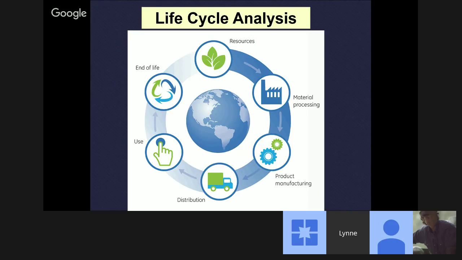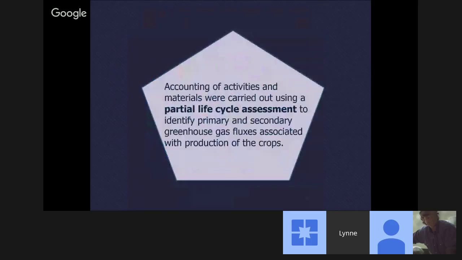So not actually to the grave, because for a farm there isn't necessarily a grave. It's more about what are you selling off of the farm. That would be the end point of the products we're looking for. So accounting for the activities and materials, everything that comes into the farm, and then to the point where it either stays or leaves the farm gate.